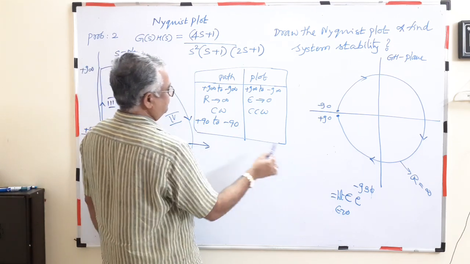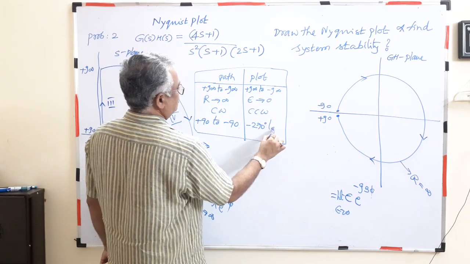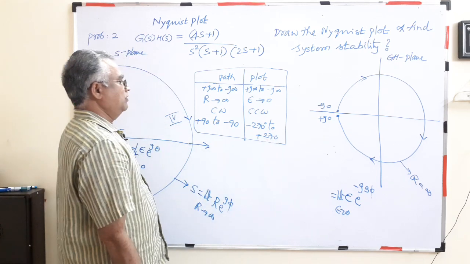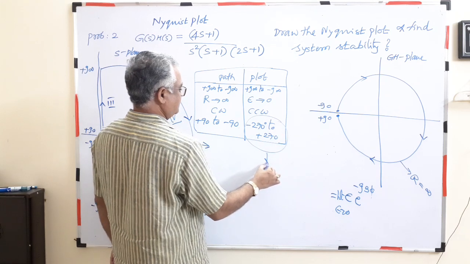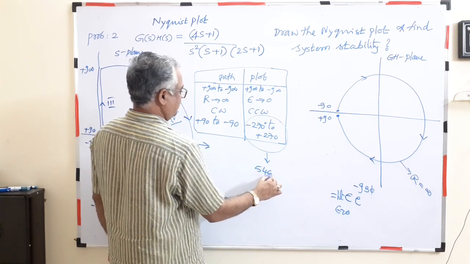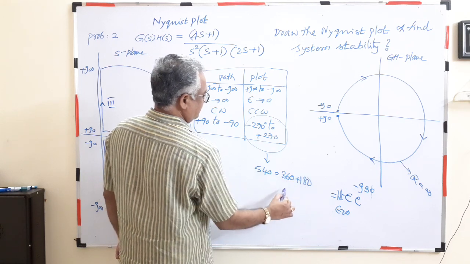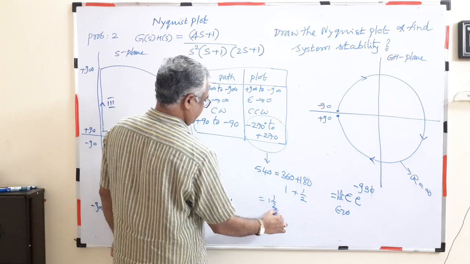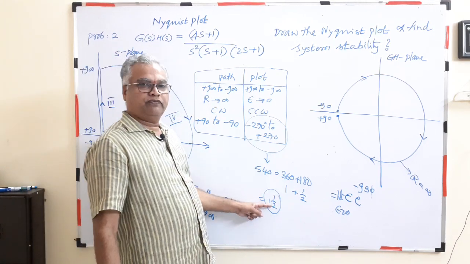Plus 90 becomes substituted: minus 270 to plus 270. Effectively, how much is this? 540. 540 equals 360 plus 180. 1 cycle plus half cycle is equal to 1.5 cycles. So it should rotate 1.5 cycles.